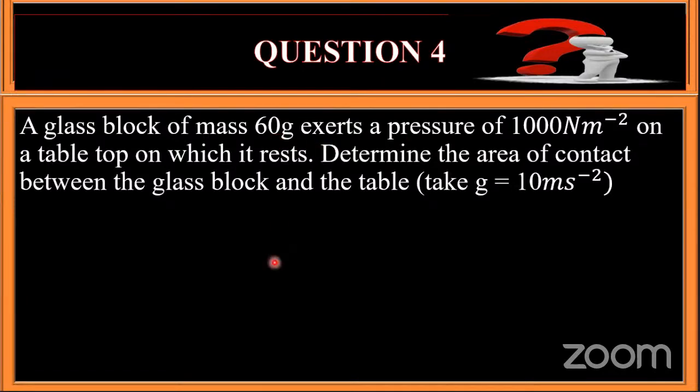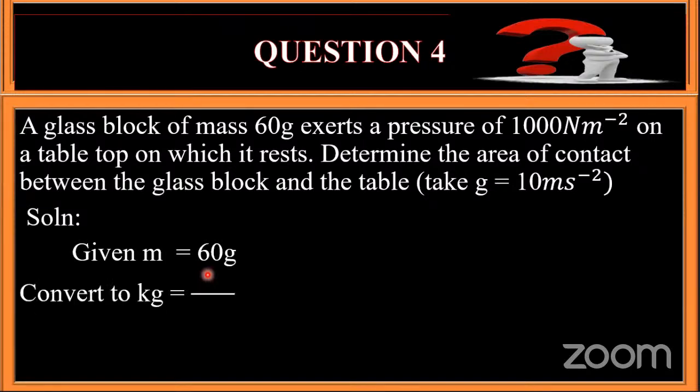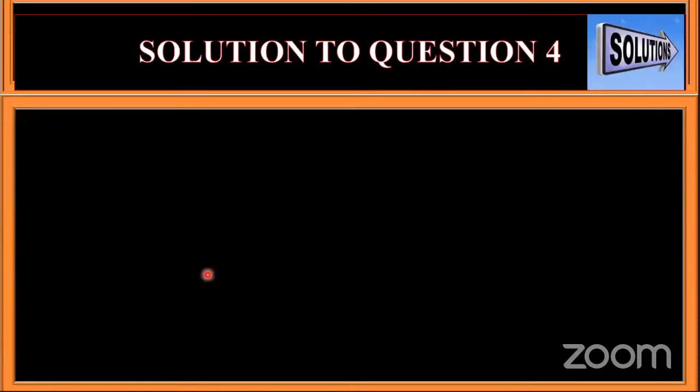So given the mass is 60 grams, you first convert to kilograms, which will be 60 divided by 1,000. You get 0.06 kilograms. Then when you know the mass, you get the force straight away. The force is mg, so it will be 0.06 times 10. That is 0.6 newtons.